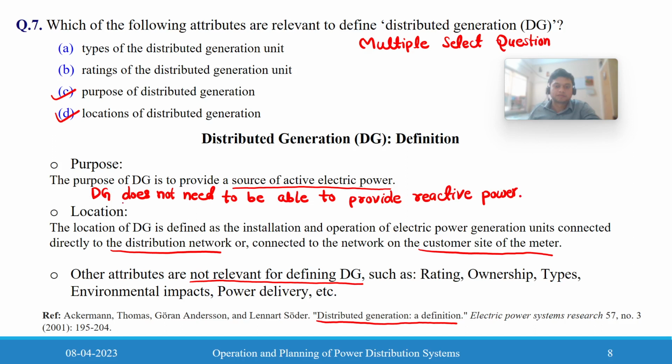So these only are the correct options, purpose and location. The other attributes we do not take care of.